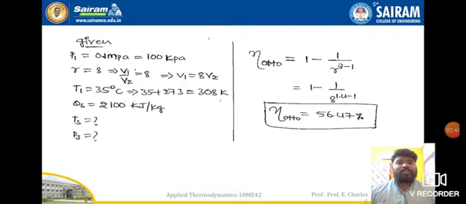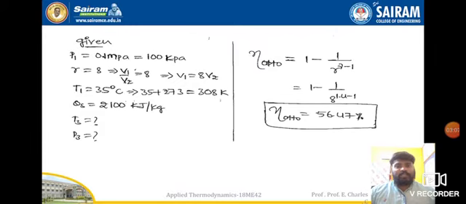Compression ratio is given as 8. Compression ratio is nothing but V1 by V2, so that is 8, and V1 is equal to 8 V2, right? Initial temperature is given as 35 degrees Celsius, and any temperature should be in kelvins. So how to convert centigrade to kelvins? 35 plus 273 is equal to 308 kelvins.